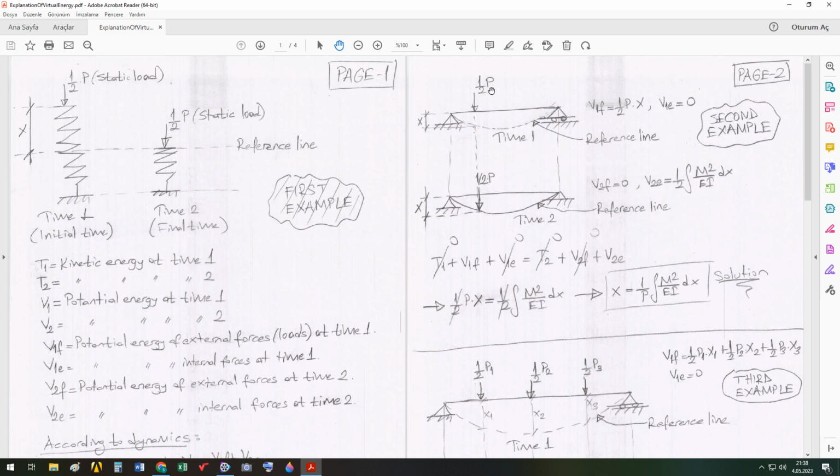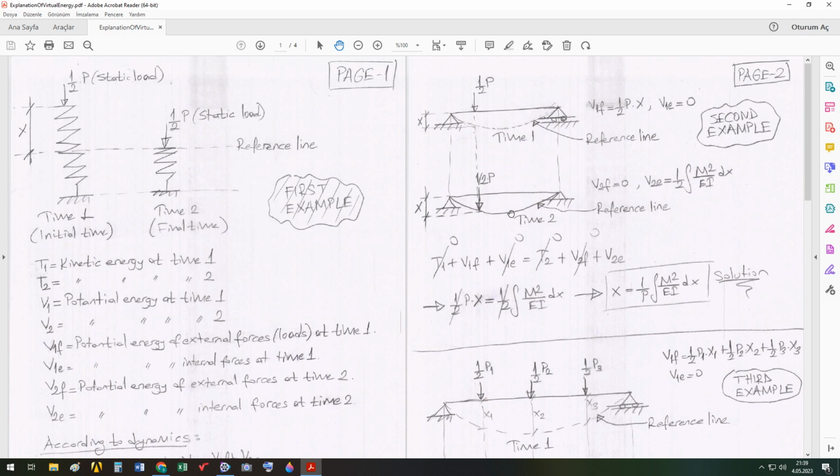P is increased from 0 to P. So the average value of our external single concentrated load is 1/2 times P. Okay, and the displacement in the sense of the force vector is in the magnitude of x, as you see here.